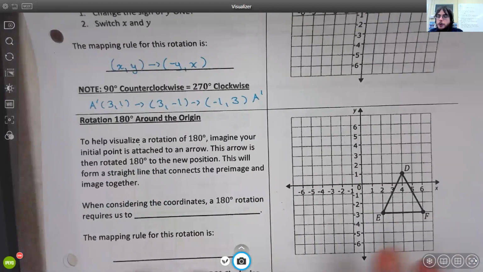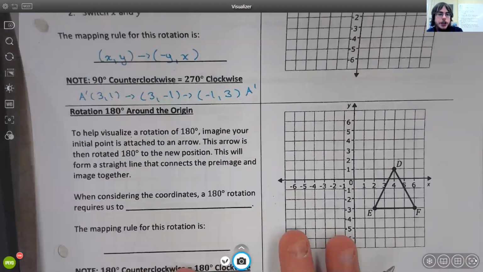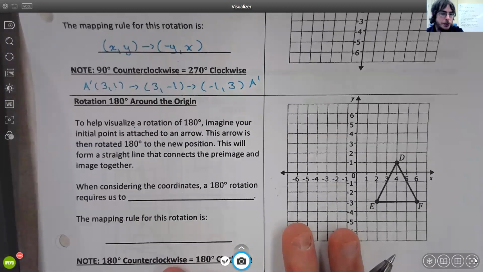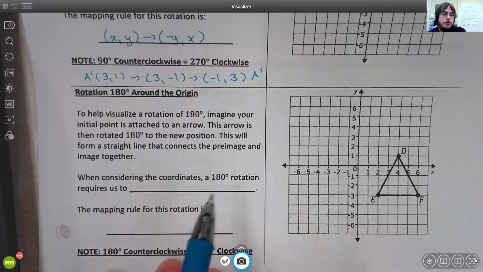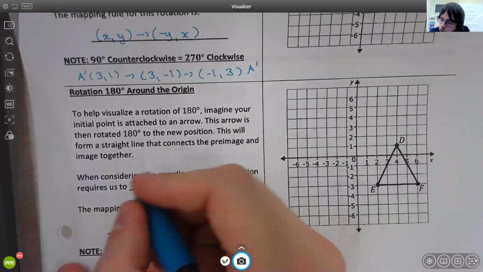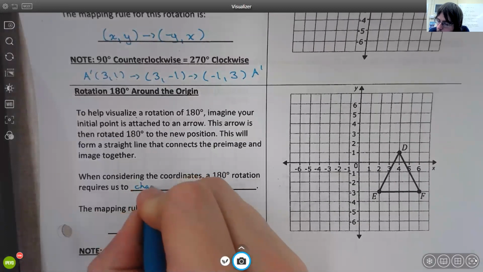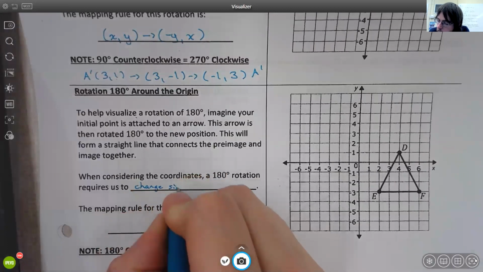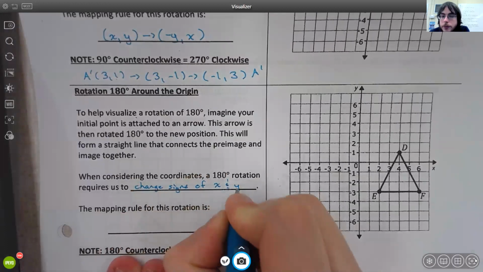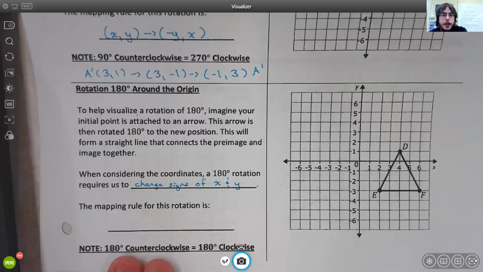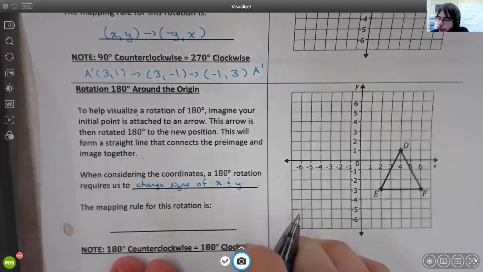So let's look at our next rotation. The next rotation is a 180-degree rotation around the origin. So when considering the coordinates for a 180-degree rotation, this requires us to change the signs of X and Y. We don't switch them, we just change their signs.